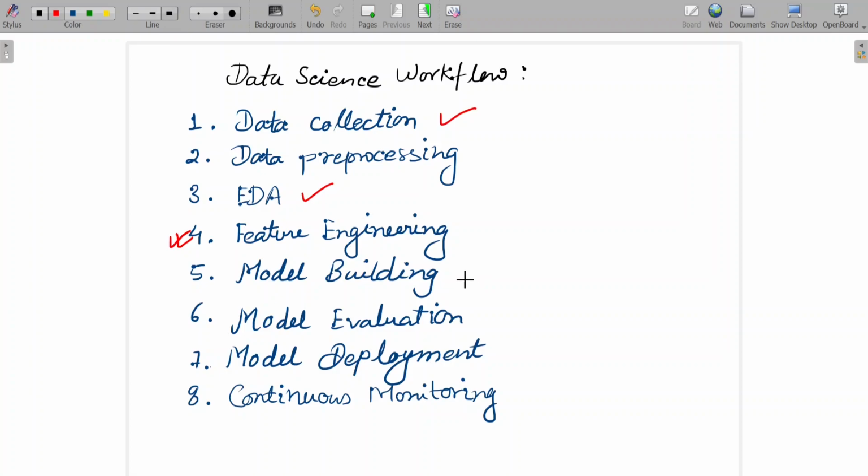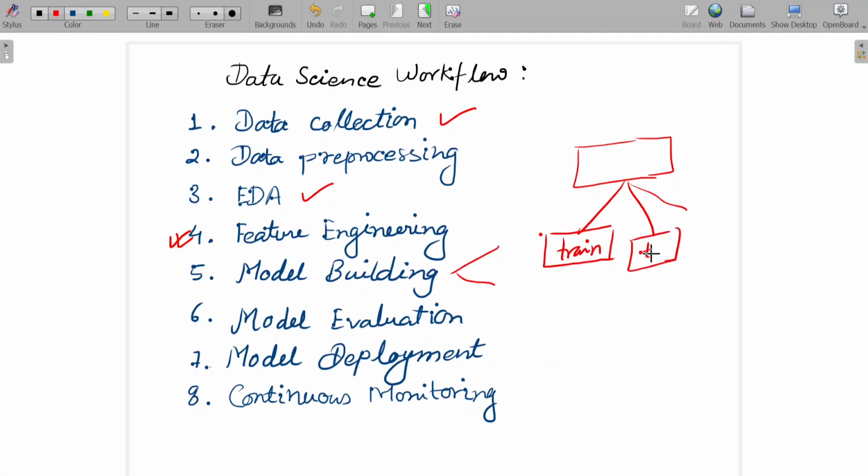Let me explain a bit about the steps we generally follow in model building. We have some data, and we are going to split it into two or three sub-datasets. You can say this would be the train data, this would be the test data, and this would be the validation data.